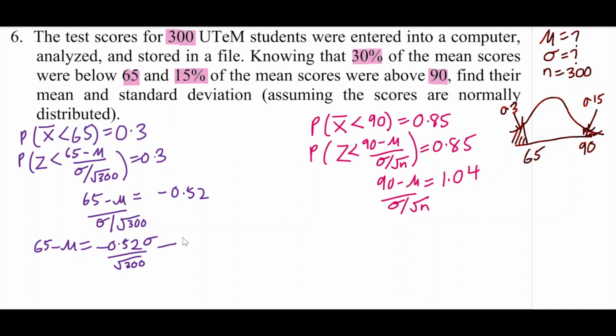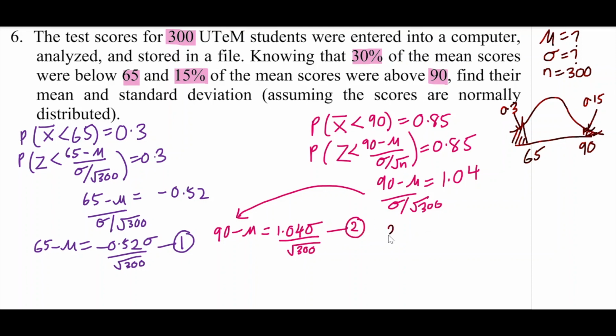This will be my first equation. And from here, I have 90 minus mu equals to 1.04 sigma over square root of 300. This will be the second equation.